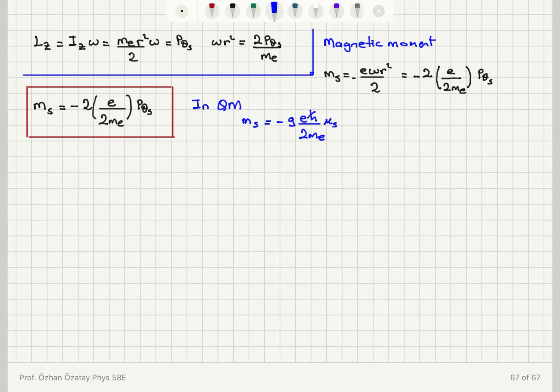Let's call this mu s in order to distinguish it from ms, which is the magnetic moment. So this is my spin quantum number.